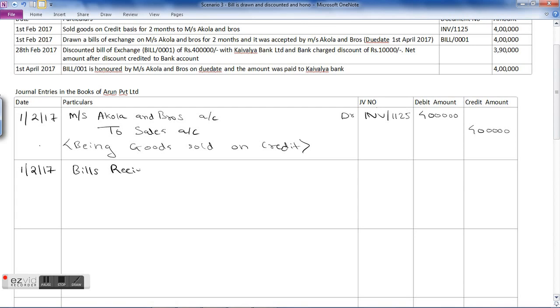So the entry will be bills receivable account debit to Messrs. Akola and Brothers account. Let's put it as JV number 1. Okay, amount is 4 lakhs.